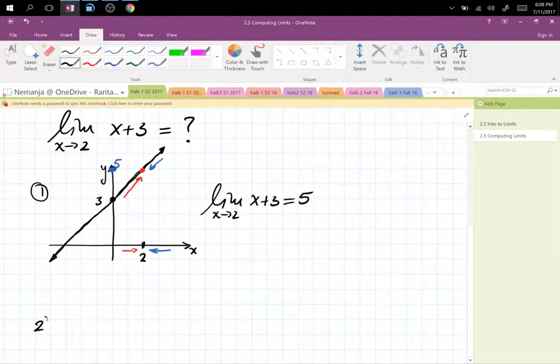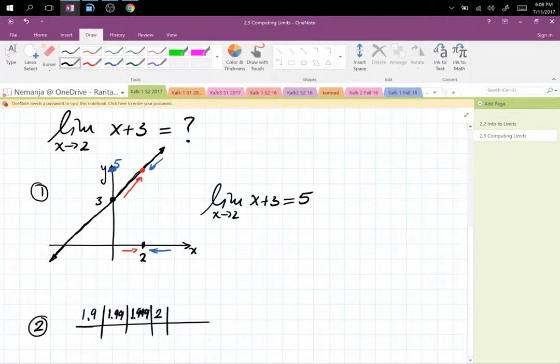Same problem solved by chart. We are figuring out number 2, right? So we will have 3 values, 1.9, 1.99, and 1.999, getting closer. On the other side, we have 2.1, 2.01, and 2.001.